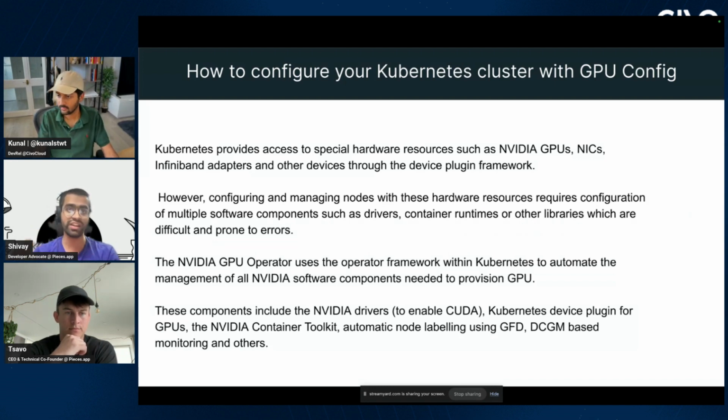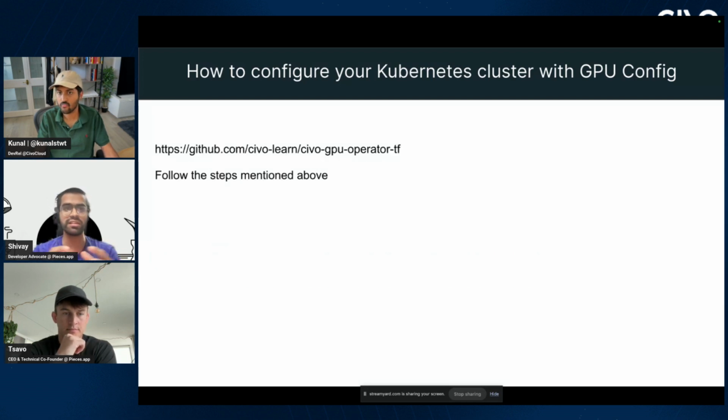And in order to verify that it has successfully been installed, you'll use NVIDIA SMI to confirm whether the node inside of a Kubernetes cluster has successfully installed the NVIDIA operator. So in this case, the way that we'll do it inside of the Civo cluster is we do have this repository provided to us, which is a Civo GPU operator Terraform file. So this essentially has Terraform config.